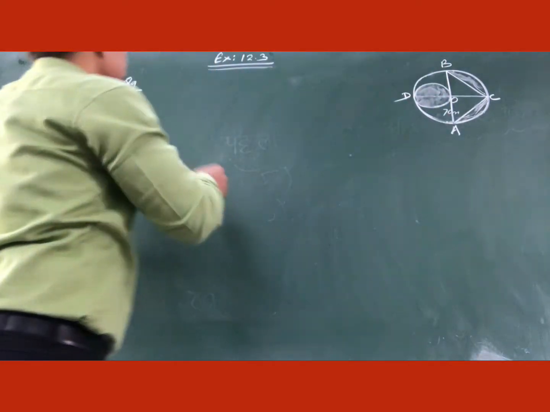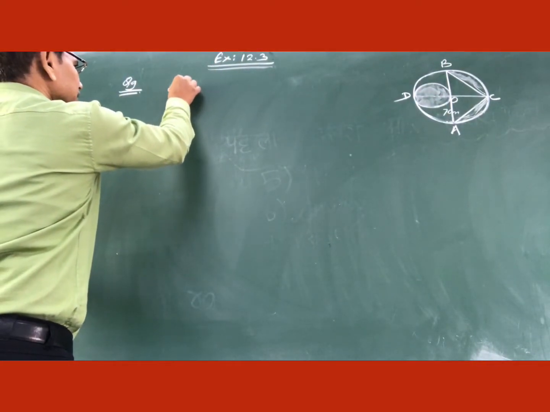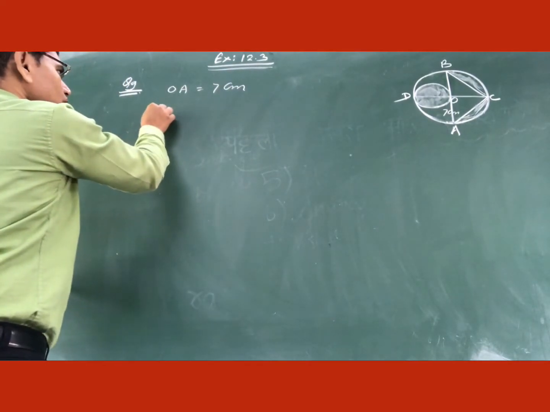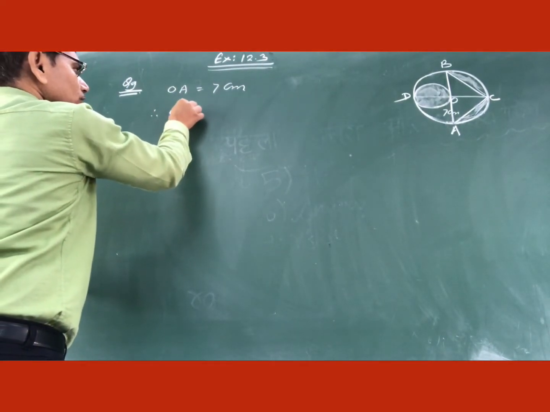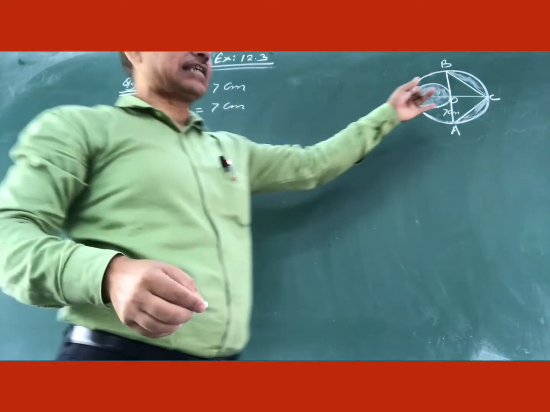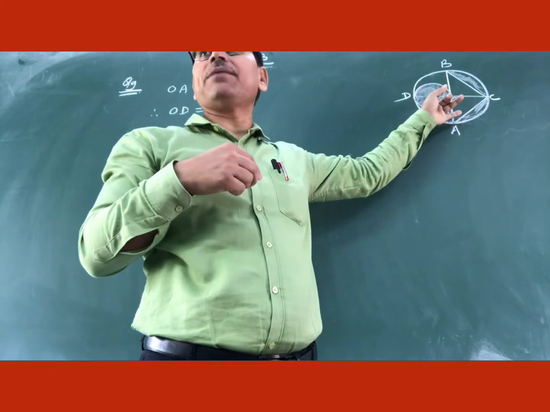So you will write, first of all, OA is given as 7 centimeter, therefore OD equals 7 centimeter, because this is the second circle, so this is our requirement.